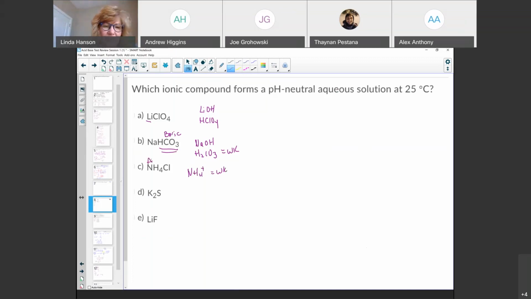A comes before B. This is weak, so I know it will be basic. The only one in the first position will have a nitrogen in it if it's going to have any influence on pH. If you don't see a salt with a nitrogen in it, then no effect from the positive ion. That's kind of my trick, is knowing that if I can find a weak parent, if it's in the first position acidic, if it's in the second position basic, and it goes as fast as that.